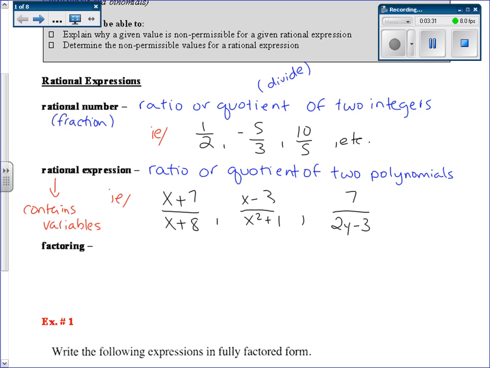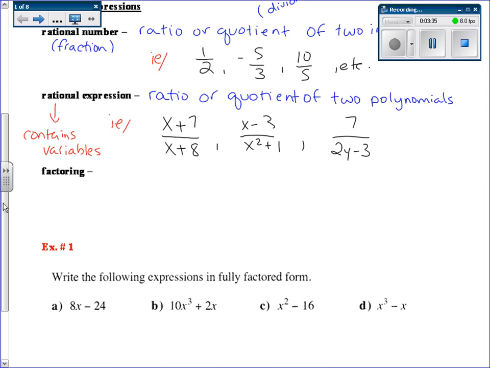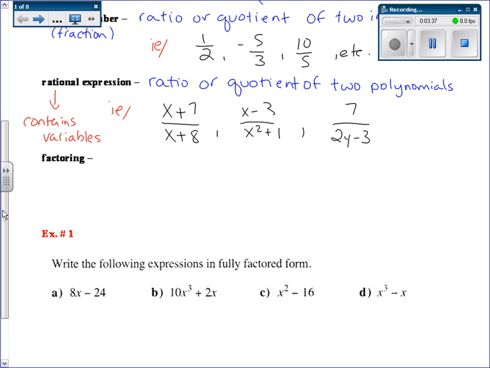A useful skill that we need to remember or learn again is what's called factoring. You're doing factoring when you remove the greatest common factor from all terms.